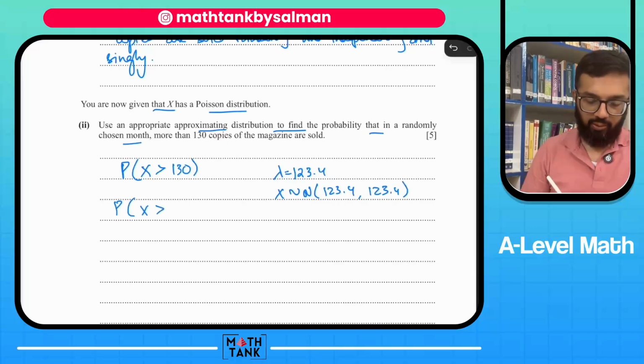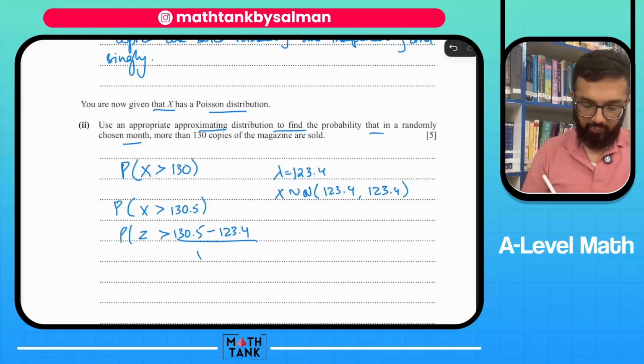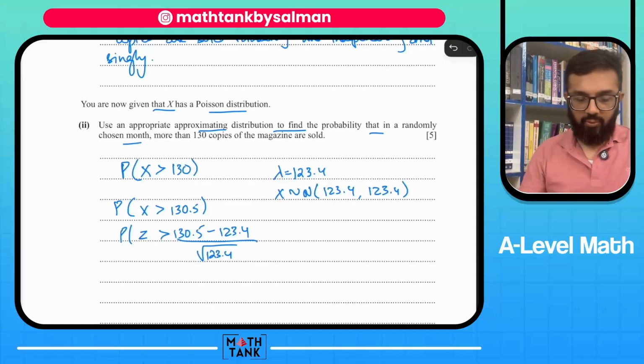First, I'm going to do a continuity correction. 0.6391.